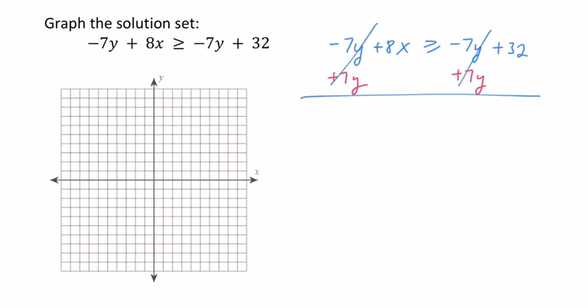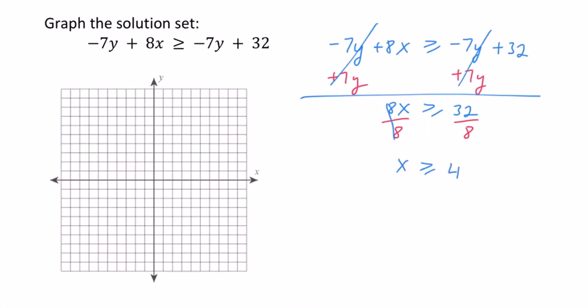So here all the y cancel out. So we have 8x is greater than or equal to 32. So solve for x. Divide 8 over. So x is greater than or equal to 4.